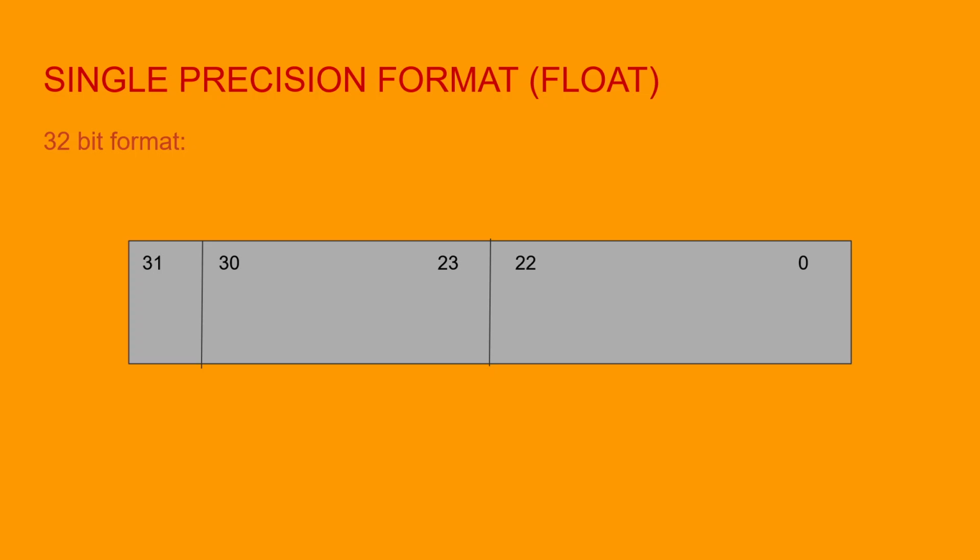Now let's take a closer look at the single precision format. The single precision format, as I said before, occupies 4 bytes. Bit 31 is the sign bit, which is the most significant bit. The next 8 bits form the exponent, and the lower 23 bits form the mantissa in the single precision format.